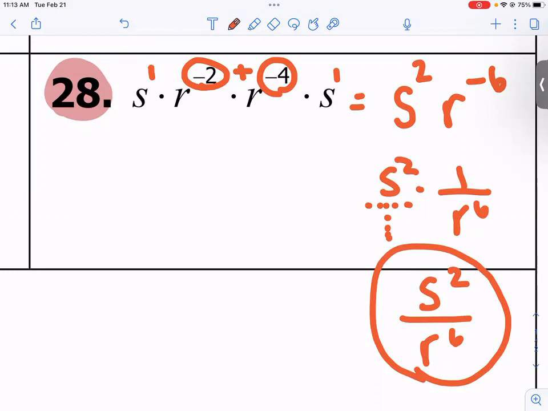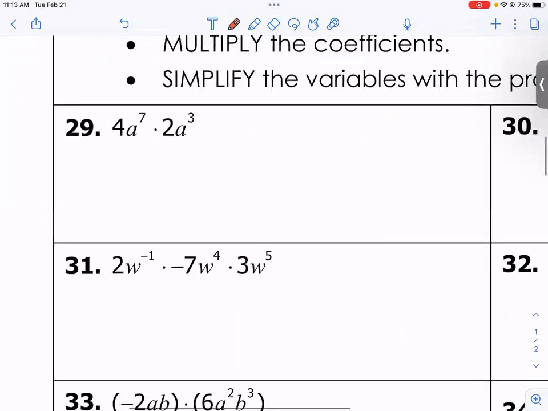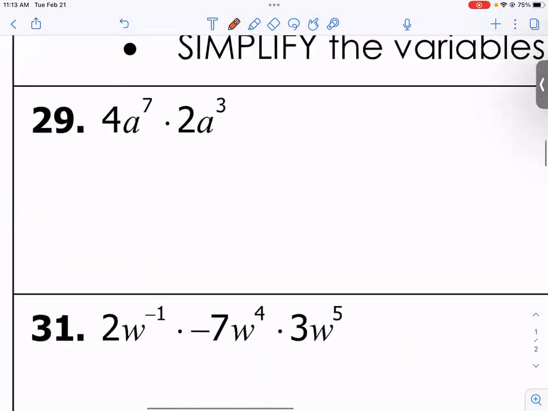Okay, now what we're going to move to is sometimes we're going to have some coefficients in our multiplication. Okay, so like in this problem right here, 29. Our coefficients, we still multiply as coefficients. So we know that 4 times 2 is what? 8, right? But then we have a to the 7th times a to the 3rd.